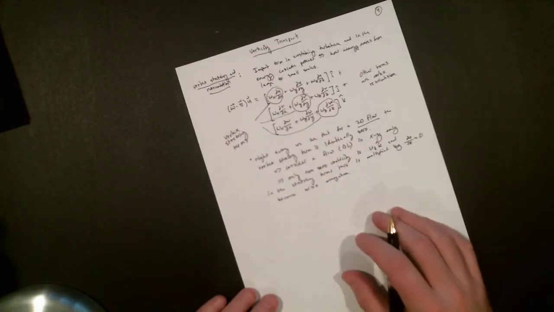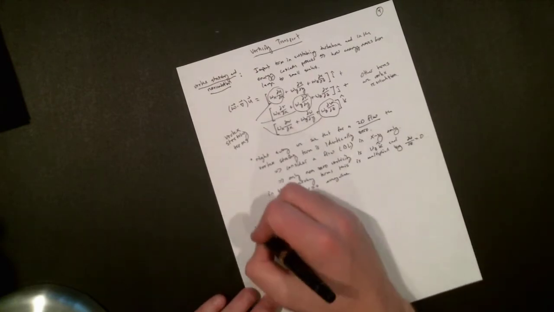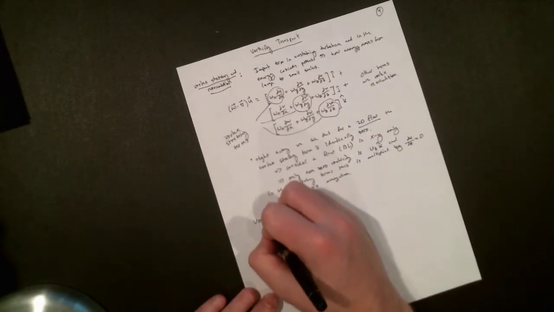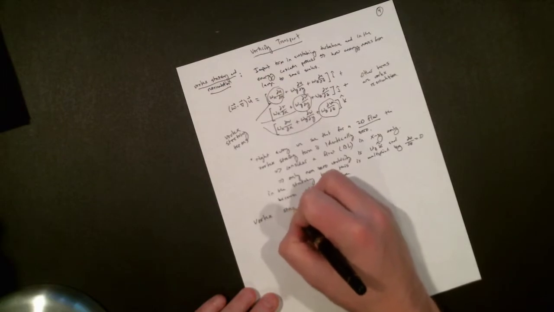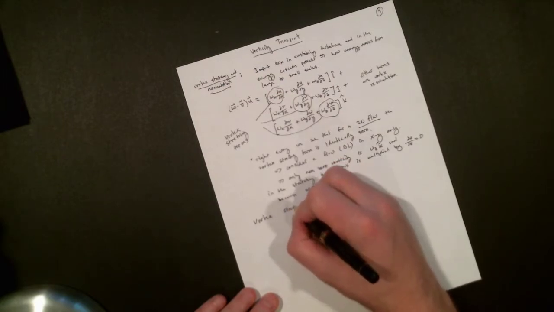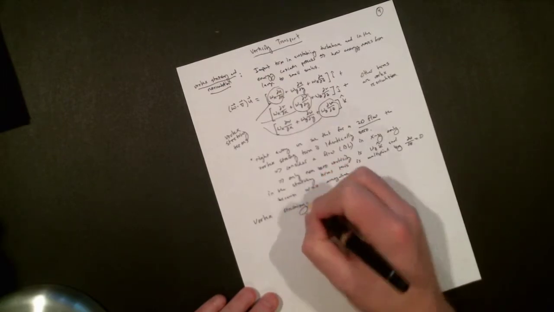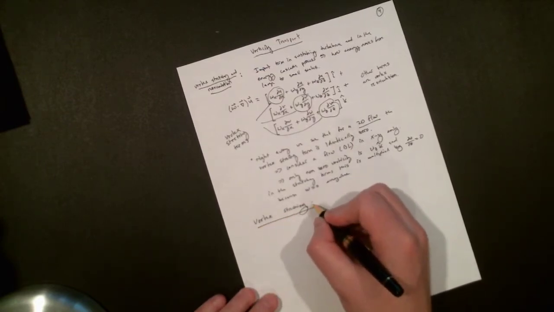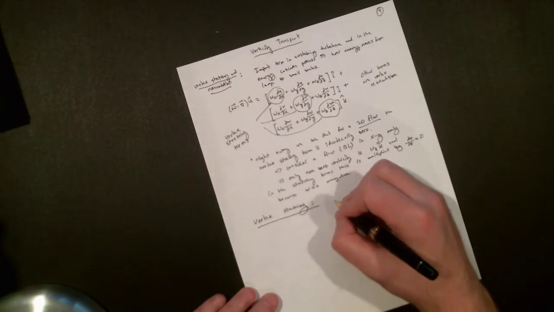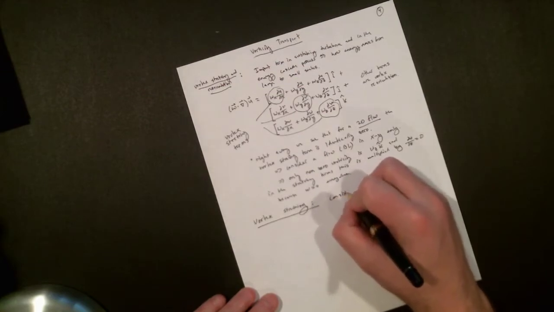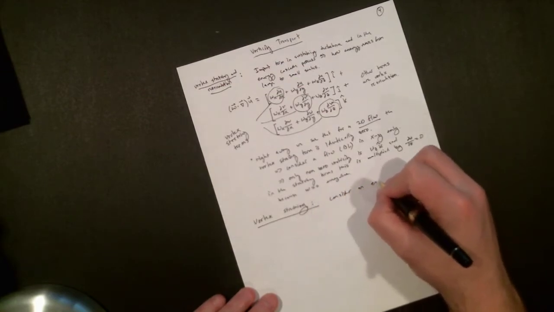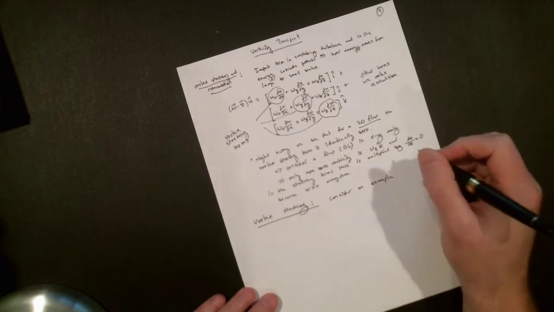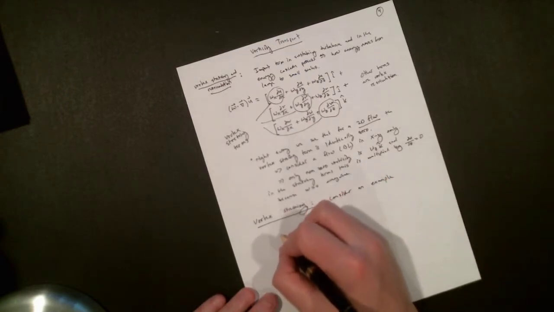So now let's think a little bit more about what vortex stretching is. So what is this process? So let's consider an example. We have our first kind of example.